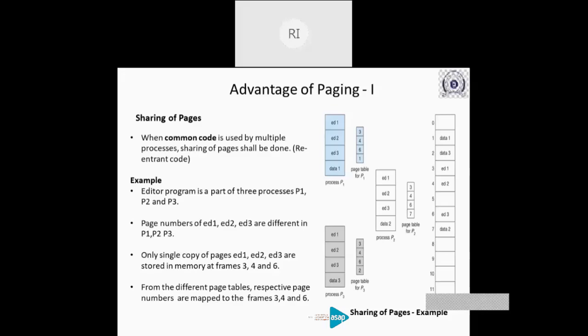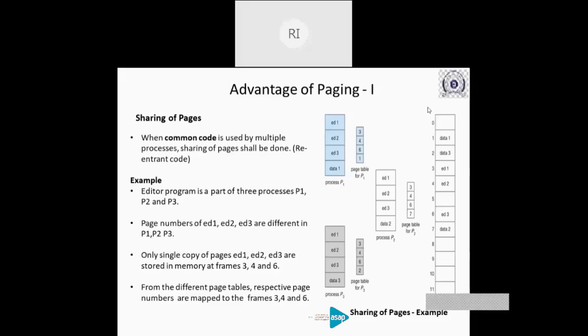Look into the figure. Memory is divided into 11 frames, and there are processes P1, P2 and P3. An editor program is used by all the processes. ED1, ED2, ED3 and data are the pages of the process.